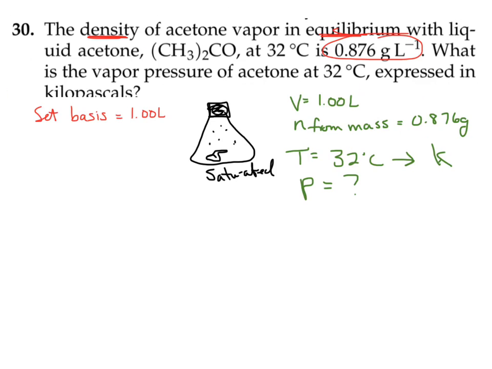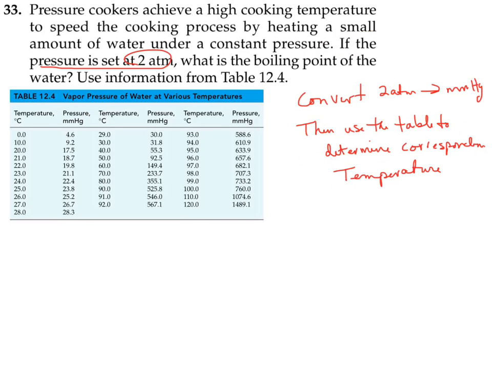So let's see, we did this one, okay, 33. So the next one, notice I went ahead and brought in that famous table 12.4 from your textbook. If you read it a few times, it's about water and a pressure cooker. Basically it says that if your pressure cooker is set to run at 2 atmospheres, what's the boiling point temperature of water at 2 atmospheres?